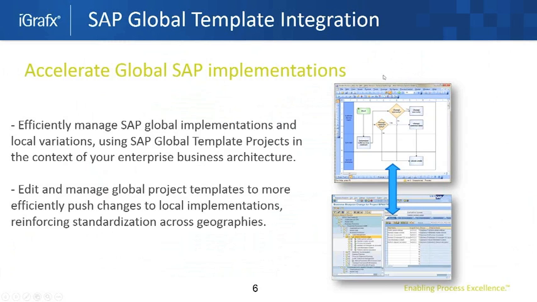So you can control templates in a single place for global SAP implementations. You can have those SAP template projects and use that in the context of your enterprise business architecture.